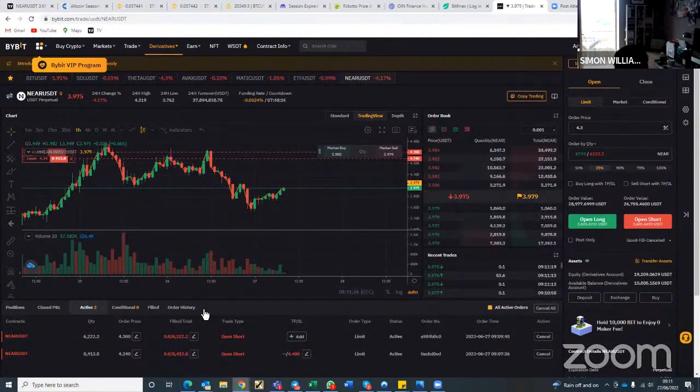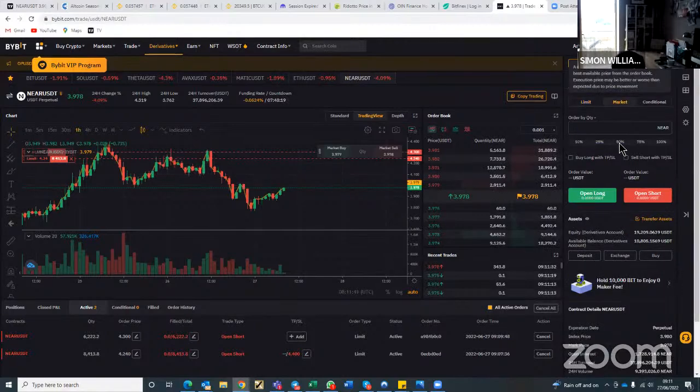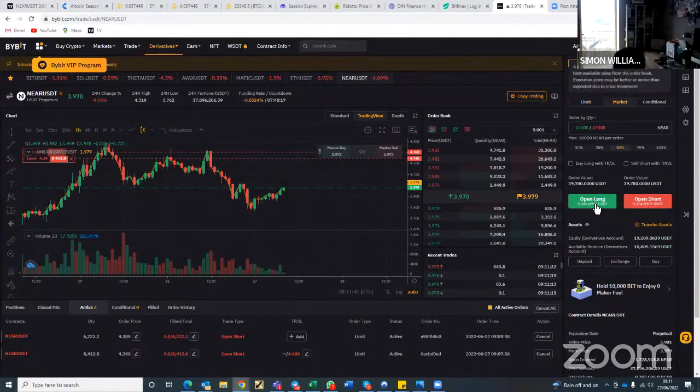If you're halfway through a trade and you want to take some profit, there are lots of ways to do it. Me personally, I'll just select the trade I want to take some profit on, and as it's a short, I can just buy 50% at market. So I can hit the 50% button there and close half of that trade if I want to.